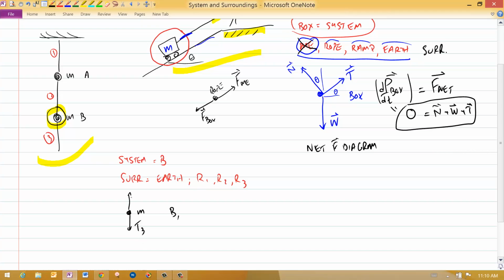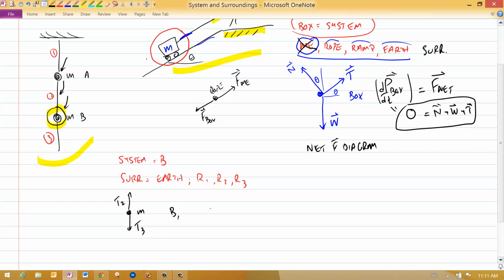There is a force from rope 2. But there is no force from rope 1. Rope 1 touches mass A, and then mass A touches rope 2, and then rope 2 touches mass B. So rope 1 is not something that goes on the net force diagram for mass B.